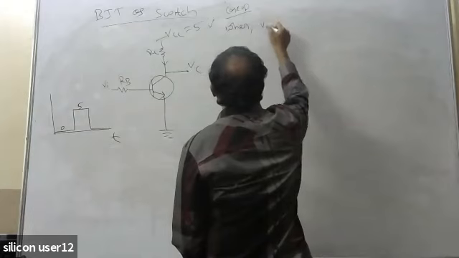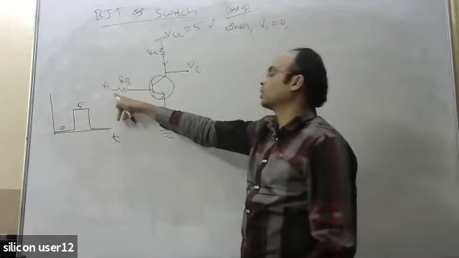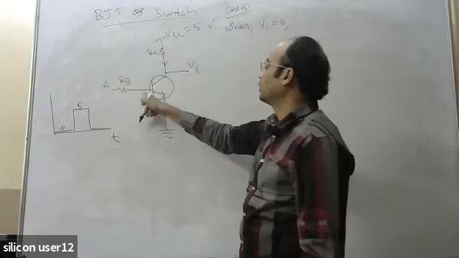When Vi equal to 0, you are applying 0 volt here. So what will happen to this VBE?